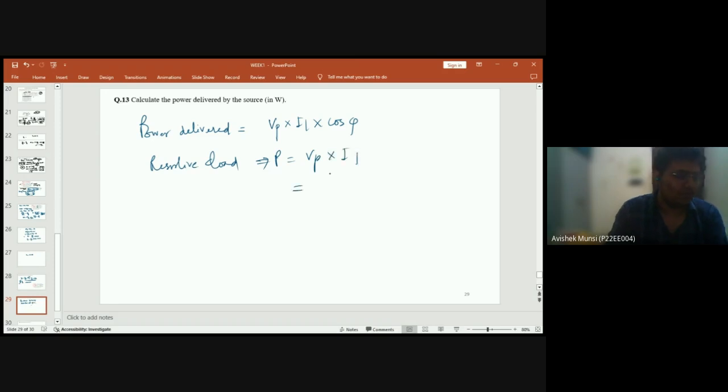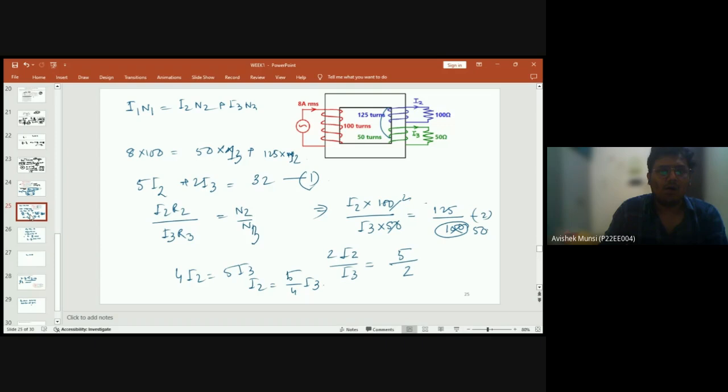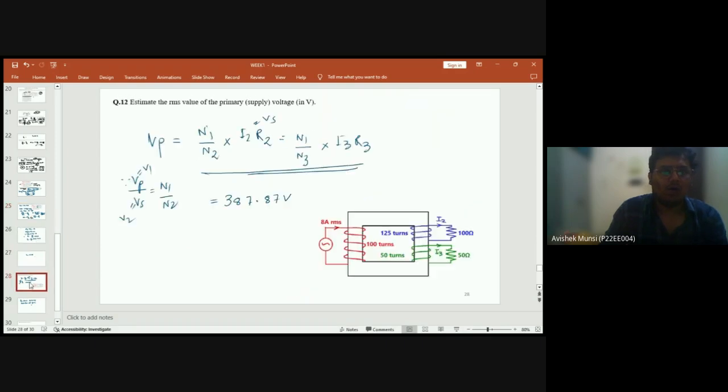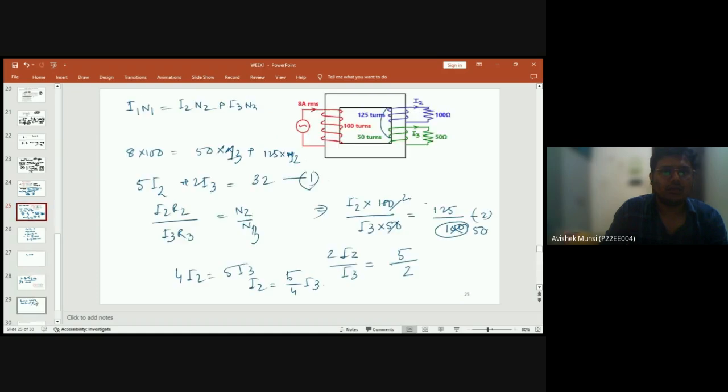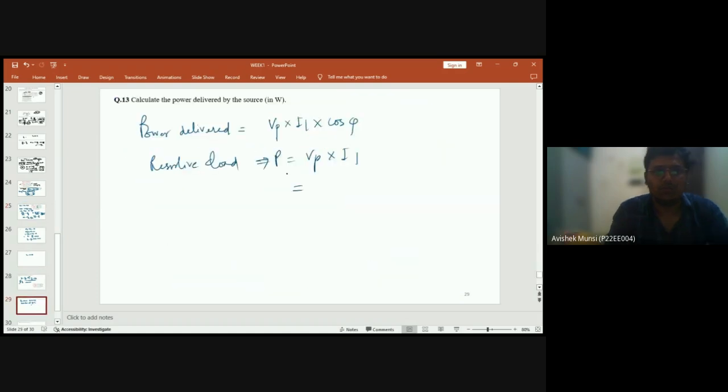We got the value of Vp, 387, and I1 is 8 given, right? So if we put the values, it is 3097 watt. Fine.